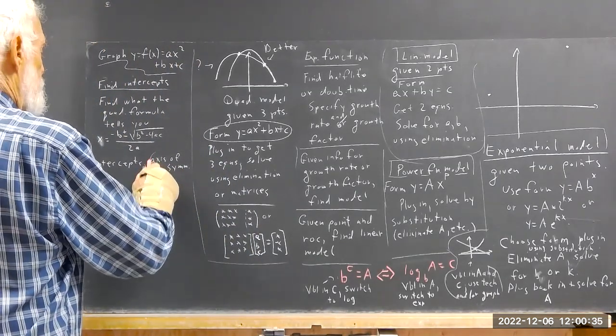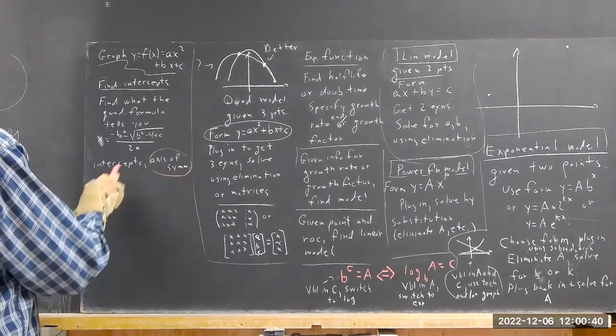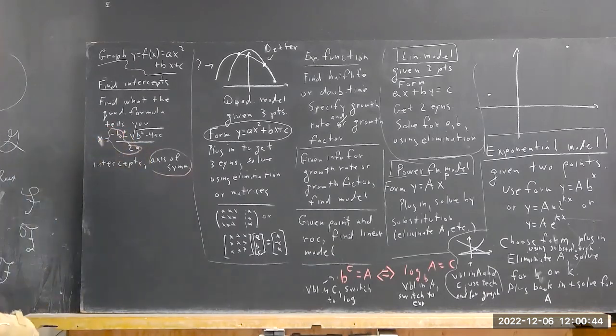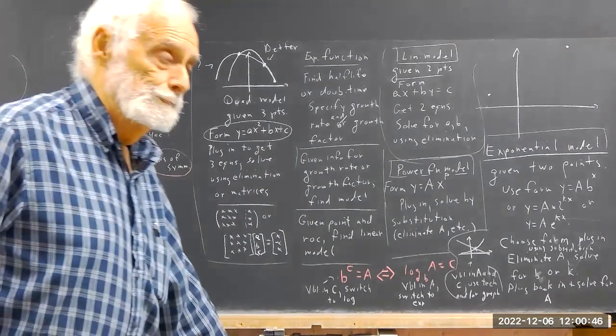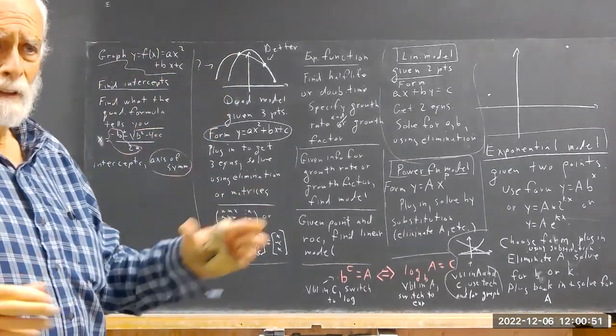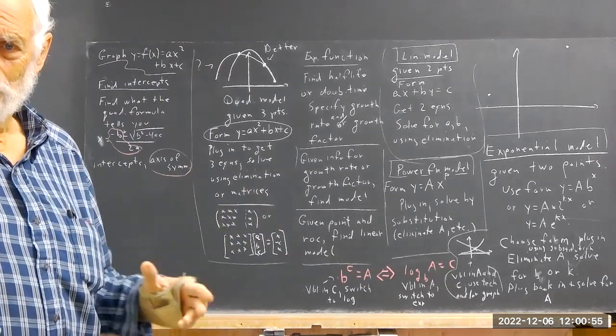I'll put a light circle around this. As I've explained a number of times, it's something that's a little bit hard for people to totally grasp and remember all the time.